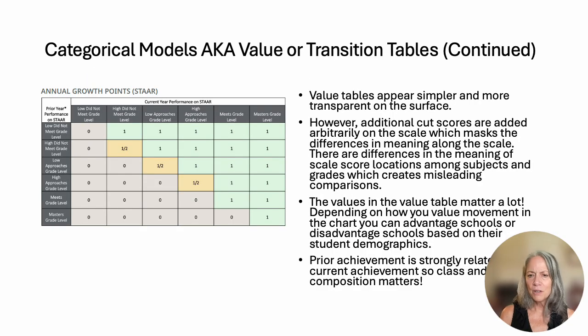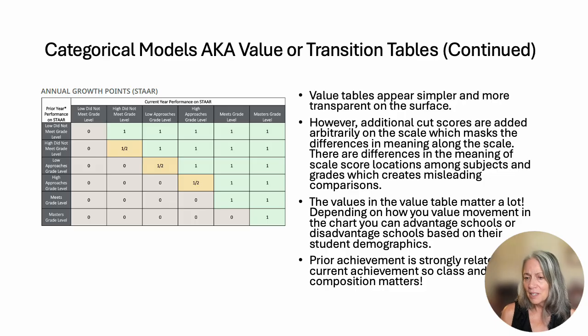So it's important to know that even though these value tables appear simpler and more transparent on the surface, additional cut scores are added arbitrarily on the scale. They're not done through the same standard setting, criterion-based process, which means they are relatively arbitrary, and they don't account for the differences in how students are able to achieve at different points on the scale.